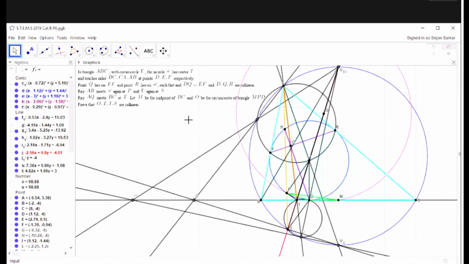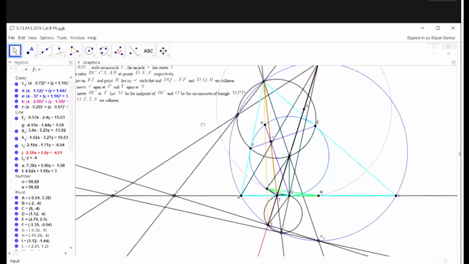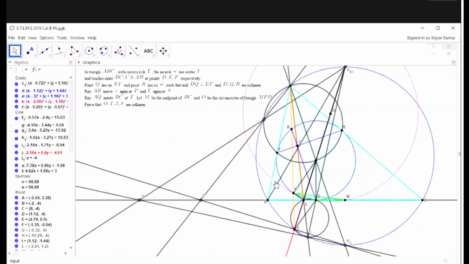Now it's okay. I will give 5 minutes at least to read and analyze and get a feel of what is happening. Also, I have quite a lot of lines in the diagram. Sorry for that.